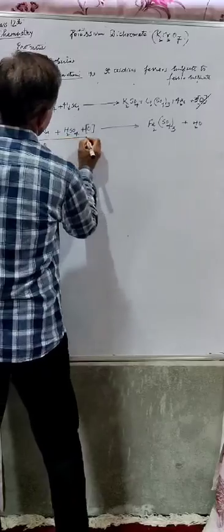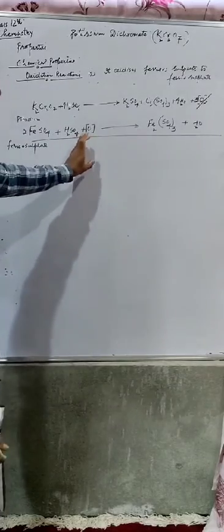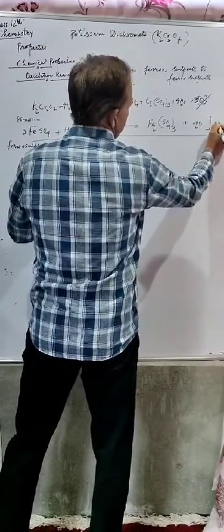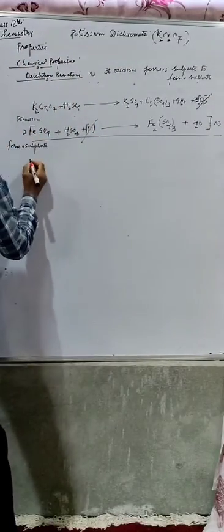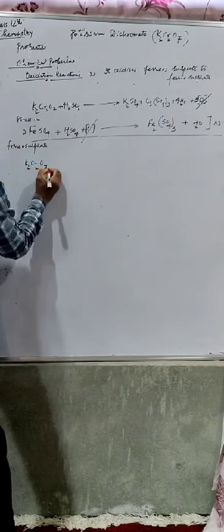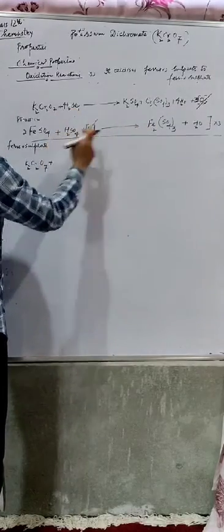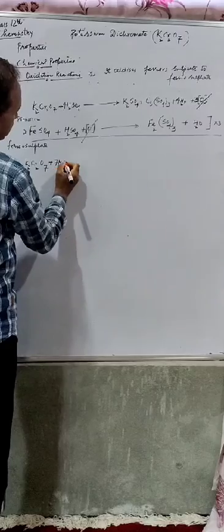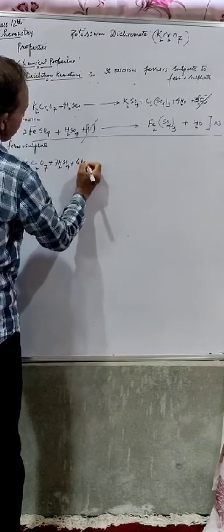Now the overall reaction will be: in the second reaction, on the left hand side we have nascent oxygen 1 time, and here we have to multiply it by 3 so that the nascent oxygen on the left and the right hand side get cancelled, and the overall reaction will be K2Cr2O7, potassium dichromate, plus 4 times H2SO4, 3 times H2SO4, because the whole reaction gets multiplied by 3, 7 times H2SO4 plus 3 into 2, 6 times FeSO4.